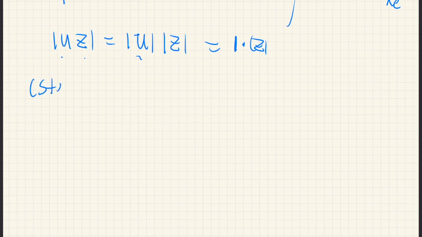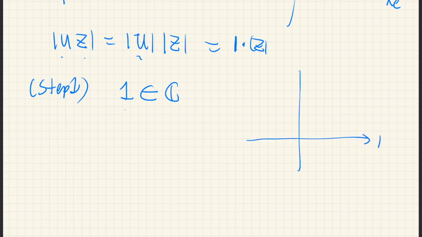Step 1. First, consider the complex number 1. So this is actually real, but anyway, if we plot this on the real and imaginary axes, and let's say 1 is here, this is a complex number.